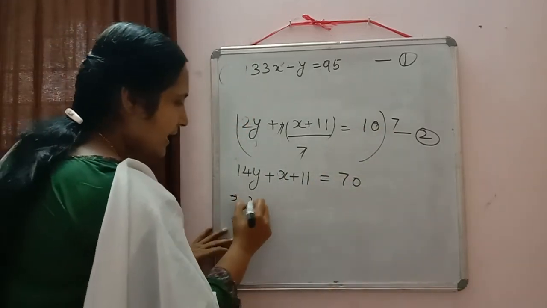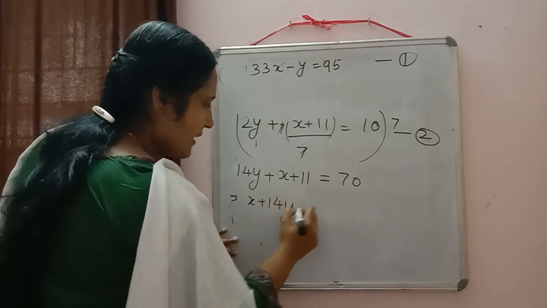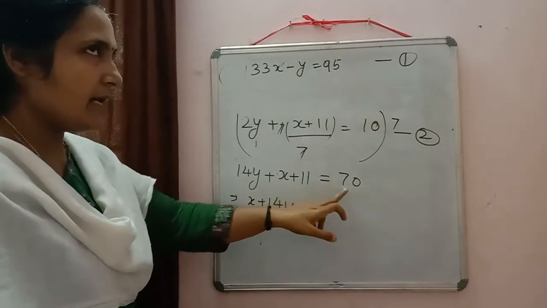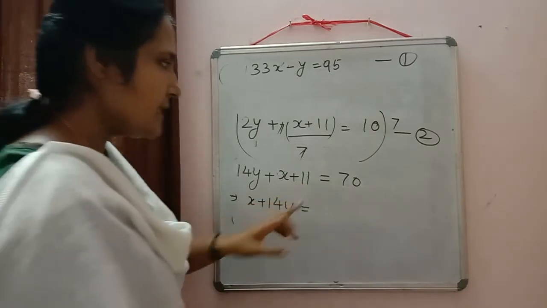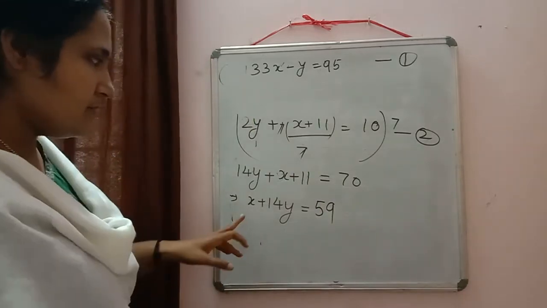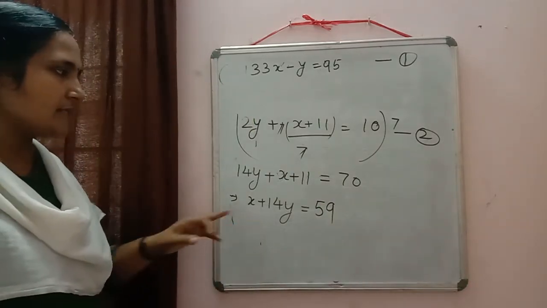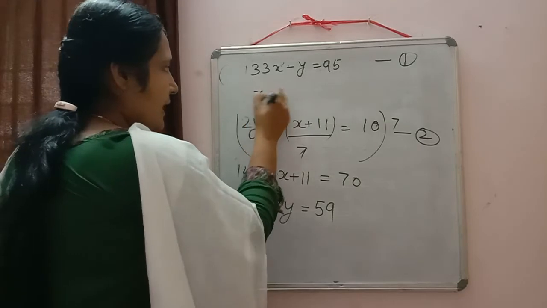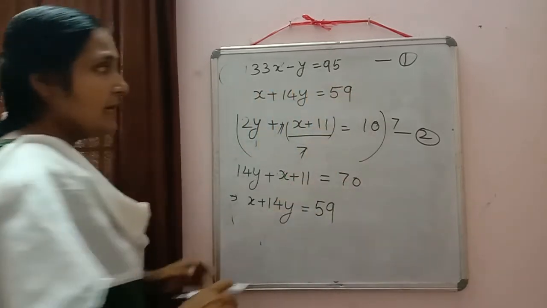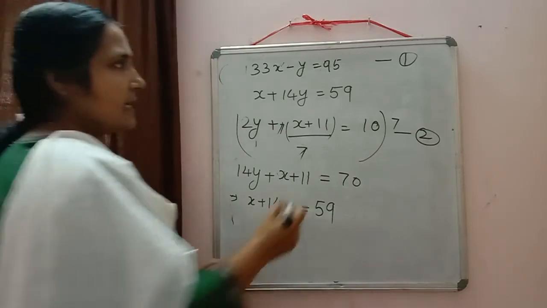So we are getting x plus 14y is equal to 70 minus 11. So 70 minus 10 will be equal to 60, and 60 minus 1 will be equal to 59. So this we will consider as our equation 2. So we are getting x plus 14y is equal to 59. This is our second equation.